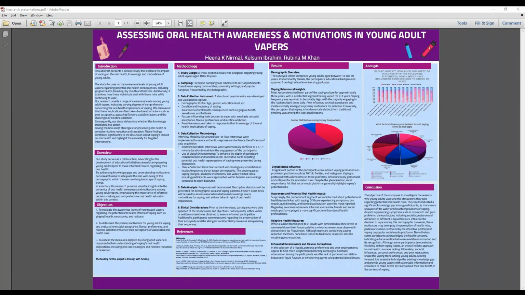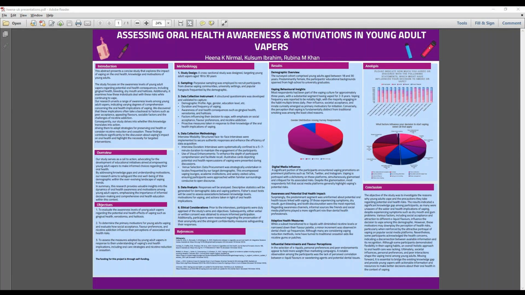We employed a validated questionnaire to collect data on demographics, vaping habits, awareness of oral health issues, reasons for vaping, and actions taken in response to oral health concerns. For our data collection method, we structured face-to-face interviews, which we kept short, between 5 to 7 minutes, and used visual aids to enhance understanding. Interviews took place in familiar locations like vaping lounges, universities, and cafes.